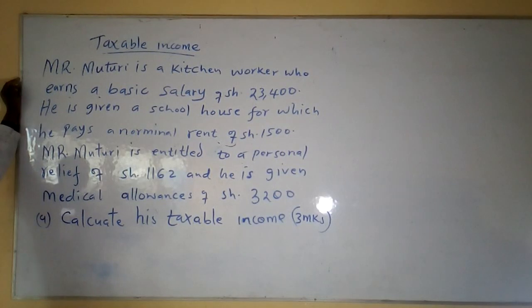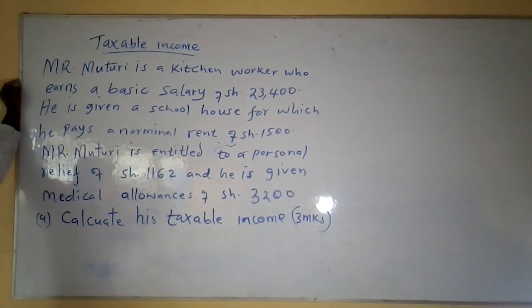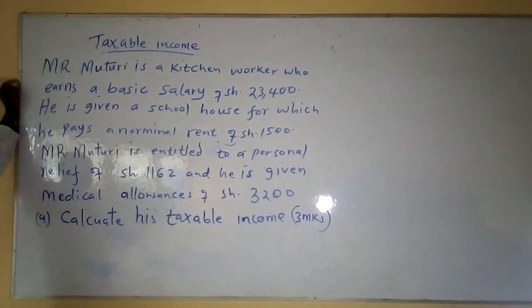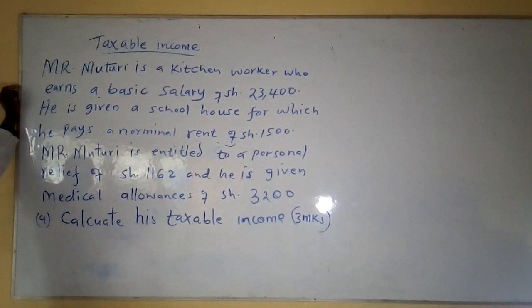He is given a school house for which he pays a nominal rent of Kenya shillings 1,500. Mr. Muturi is entitled to a personal relief of Kenya shillings 1,162, and he is given a medical allowance of Kenya shillings 3,200. Question A, which carries 3 marks, is: calculate his taxable income.